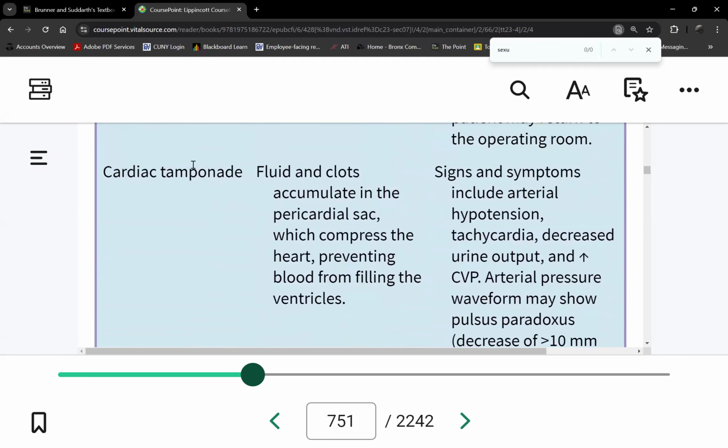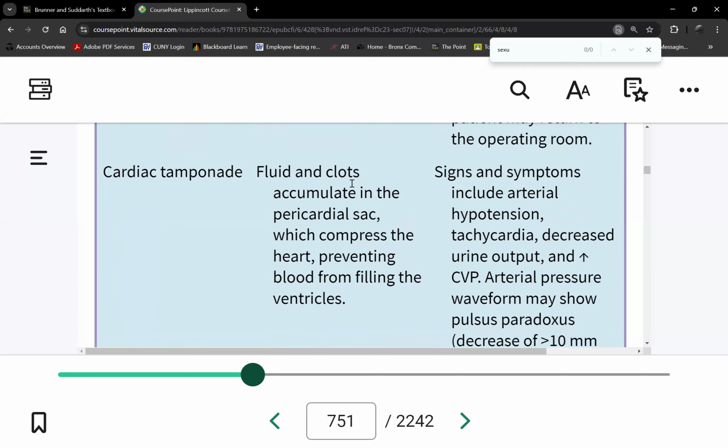Cardiac tamponade: what would be a cause for tamponade here? What is one of the tubes that's left in place? A mediastinal tube, yes. If the mediastinal tube is blocked by a blood clot, for instance, what happens to drainage? Drainage will stop. What happens to the patient? Cardiac tamponade.